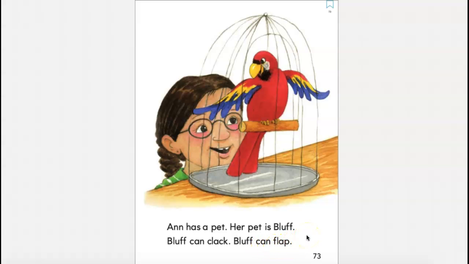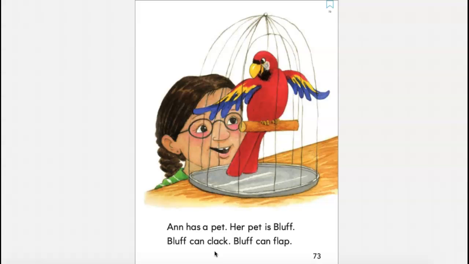Ooh, I see a couple words that blend with the letter L. Do you see them too? The name of the bird is Bluff. We can hear the blend between the B and the L. Also the word clack.